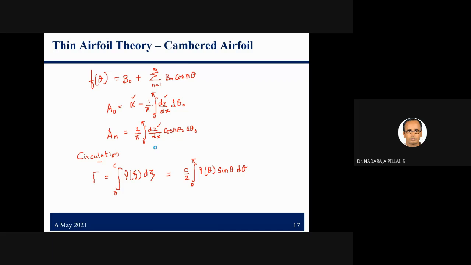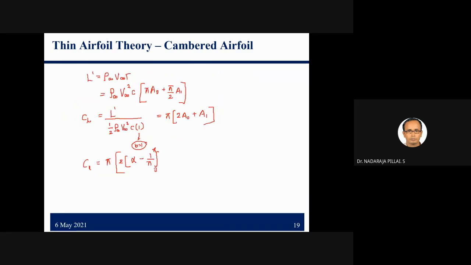Alpha minus 1 by pi integral 0 to pi dz by dx d theta naught plus 2 by pi into integral 0 to pi dz by dx cos n theta naught into d theta.